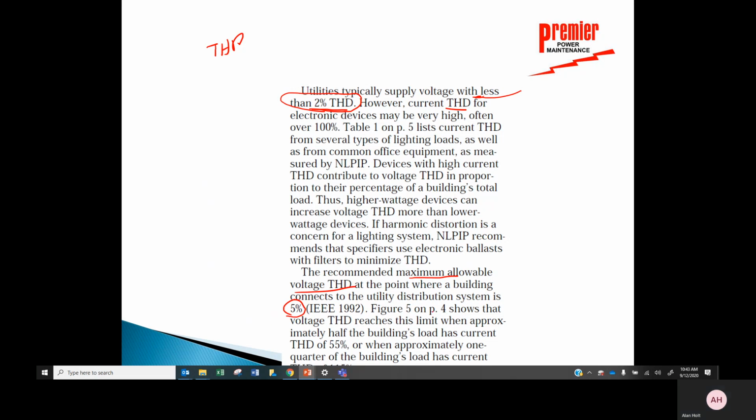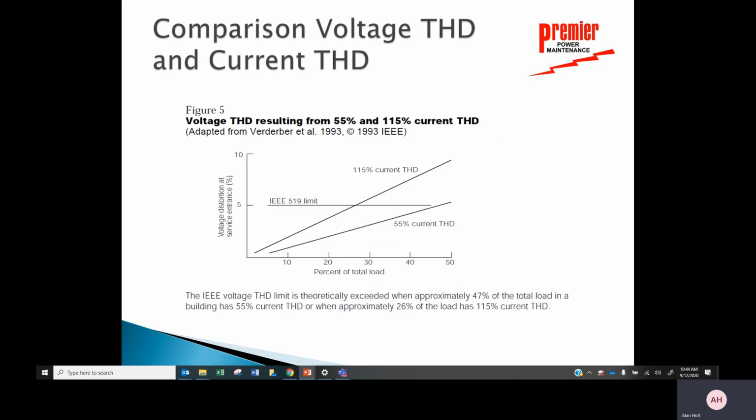And then we have a table, figure 5 on the next page, shows that the voltage distortion, this reaches at approximately half the building's load, has a total harmonic distortion of 55%, okay? And we're talking with current there, okay? So we need to compare voltage and current. Now we have a diagram like this, okay? This came out of the IEEE standard.